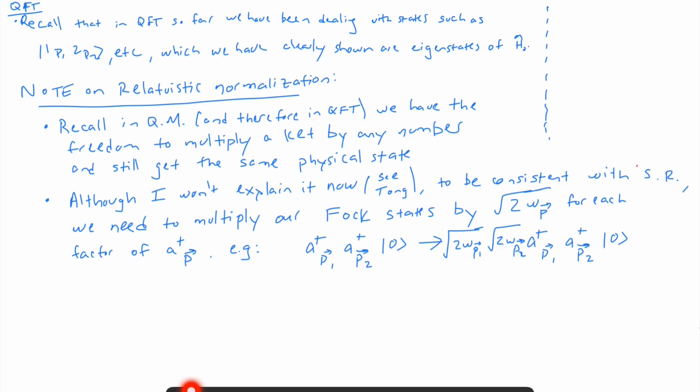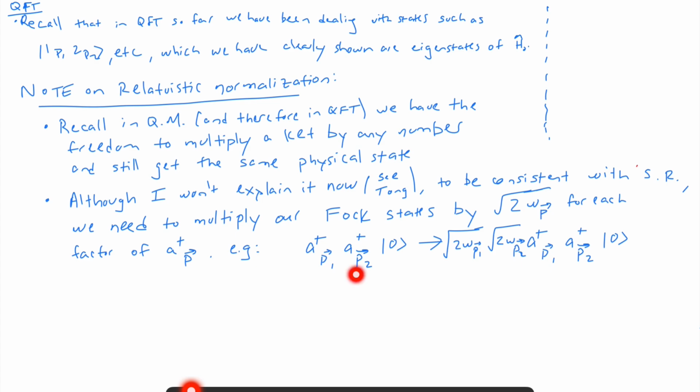Technically, if you want consistency with other inertial frames of reference, you have to actually normalize this whole thing, if you're talking about real particles. Remember, we're allowed to multiply any state by numbers, but to be consistent with special relativity, you need to multiply it by the square root of 2 omega P1, which is the energy of the state P1.